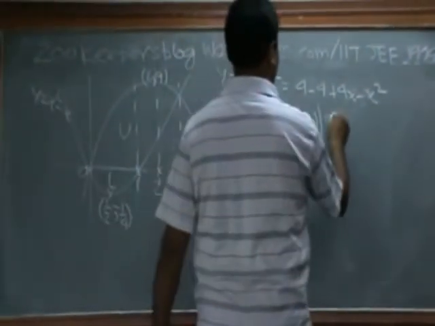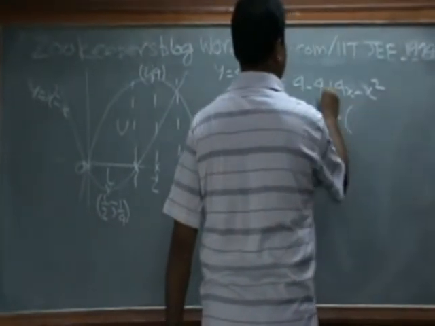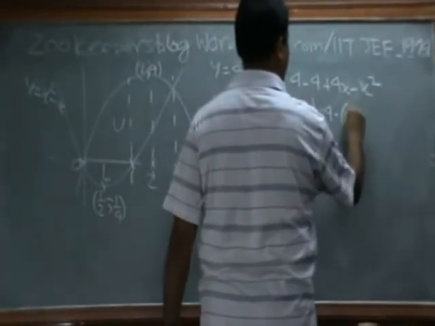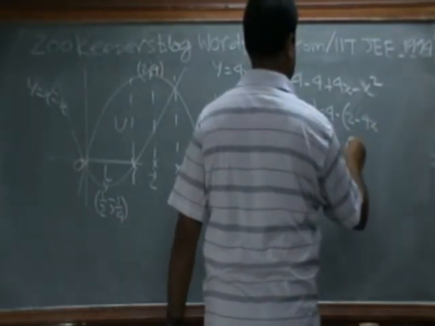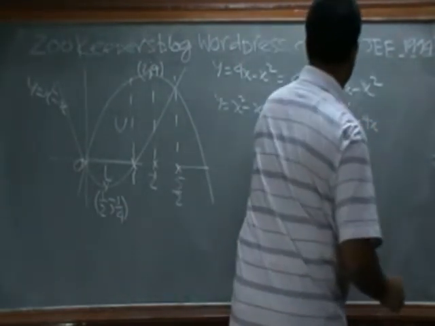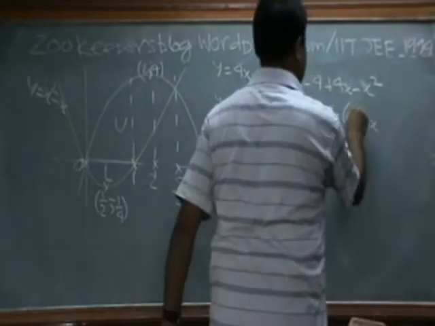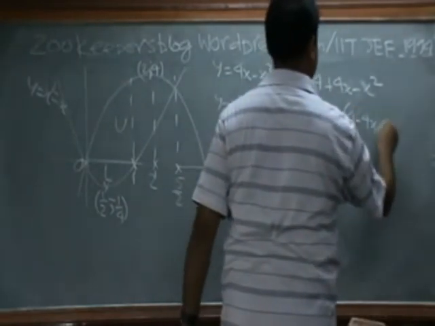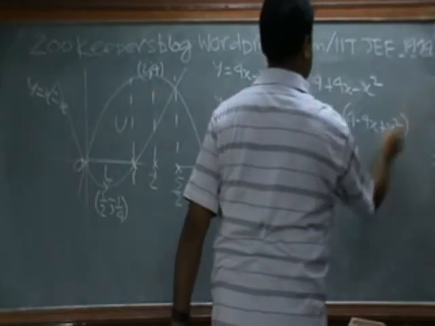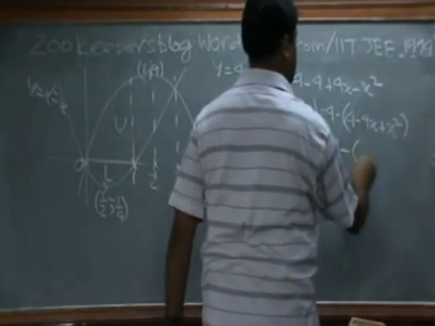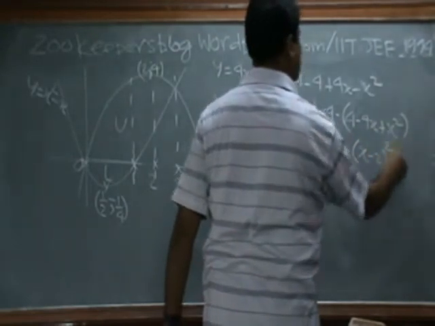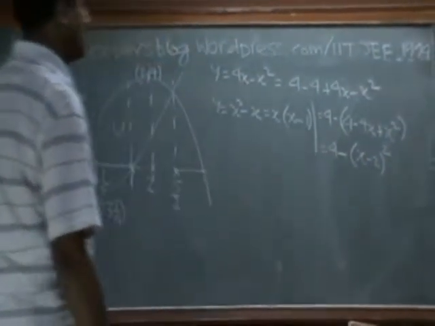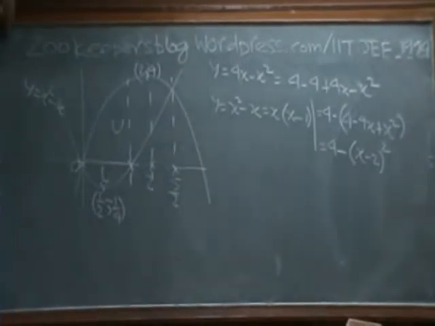So I write it as 4 minus, and this is 4 minus x minus 2 whole square. So it will be 4 minus x minus 2 whole square.